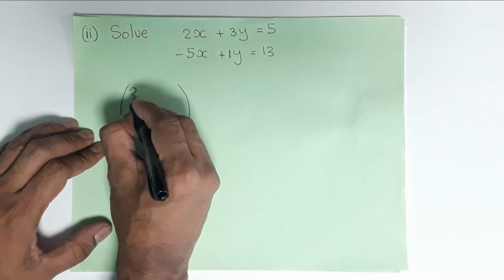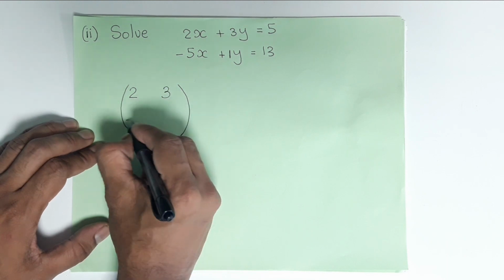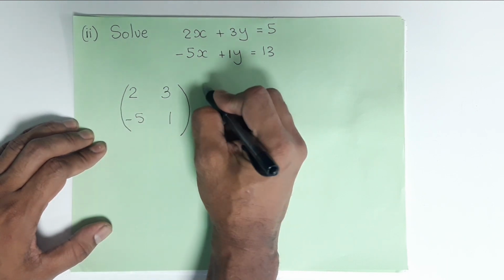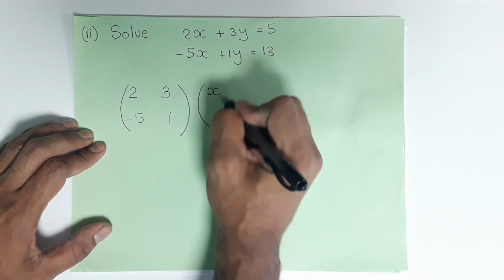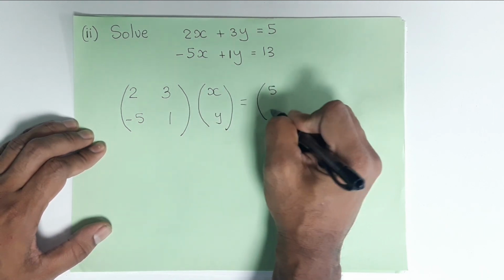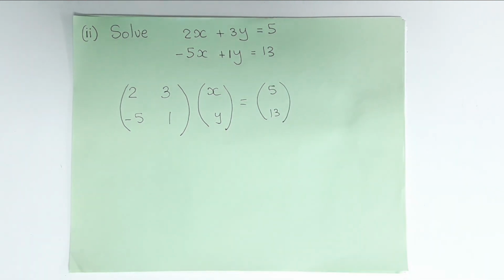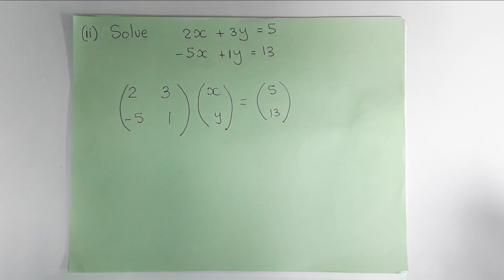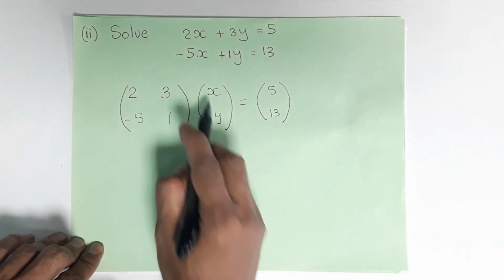What we're going to do is extract the numbers, the 2, the 3, the minus 5 and the 1, and you put the x and the y here, and you put the 5 and the 13 on the other side of the equal sign. So what you just did was convert the simultaneous equation itself to a matrix. You want to solve for x and y.